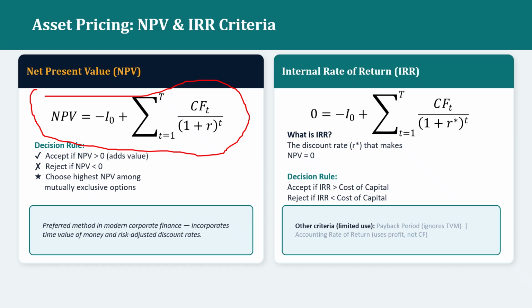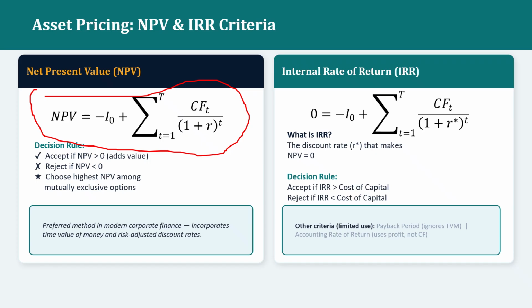That means the project return is more than the required rate of return, so we will accept the project. If NPV is less than zero, then the project is destroying value, so we will reject that particular project.